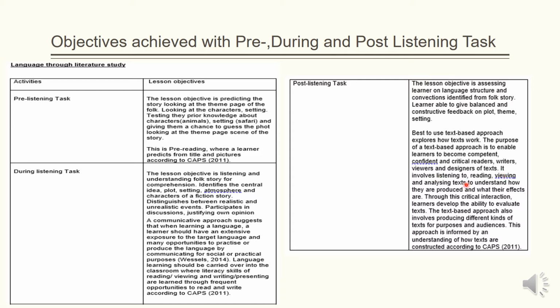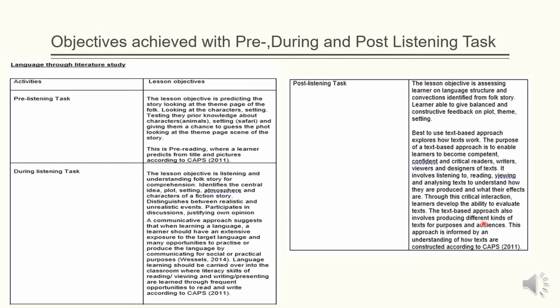So it really involves listening, viewing, reading, and analyzing texts to understand how they produce the language and the effects of certain sentences within language structure. So this is a critical interaction for learners to develop the ability to evaluate text.